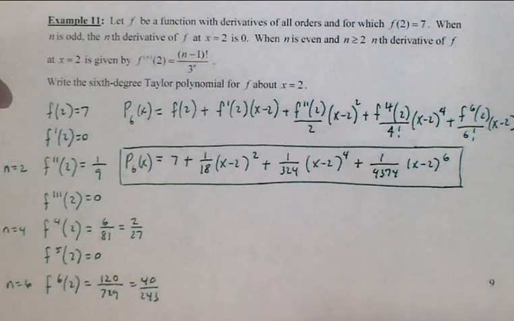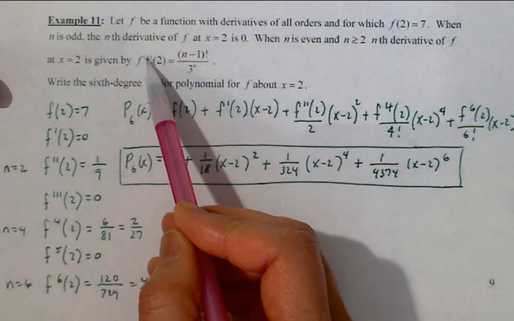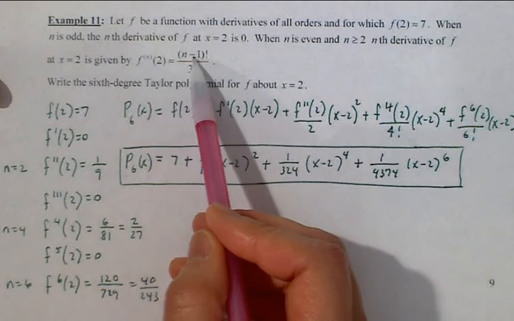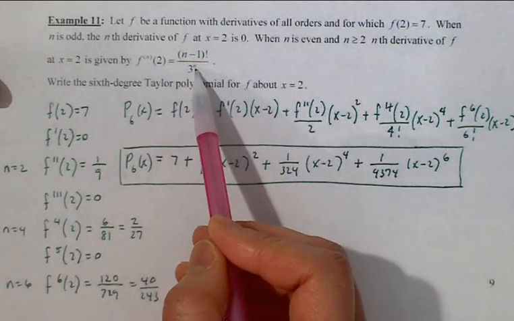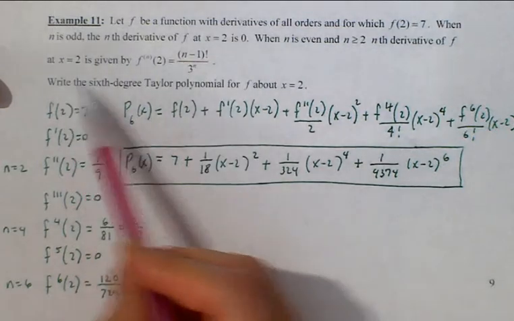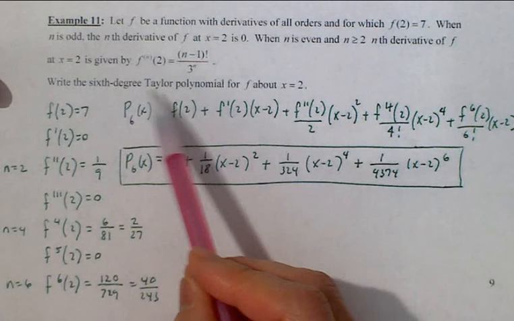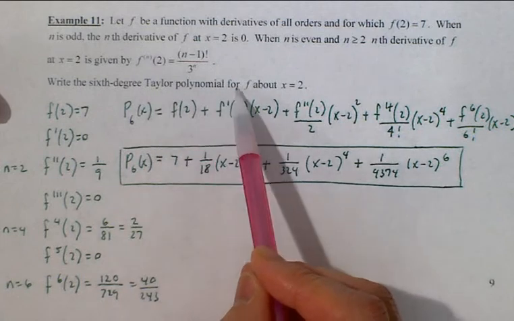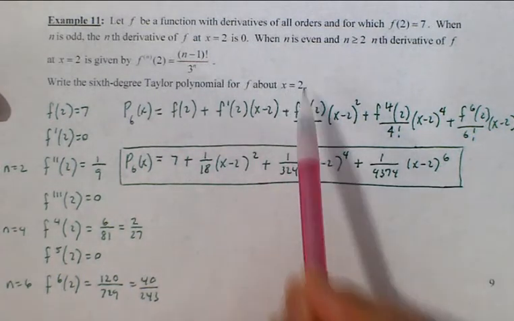When n is even and n is greater than or equal to 2, the nth derivative of f at x equals 2 is given by f of the nth derivative of 2 is equal to n minus 1 factorial over 3 to the nth power.